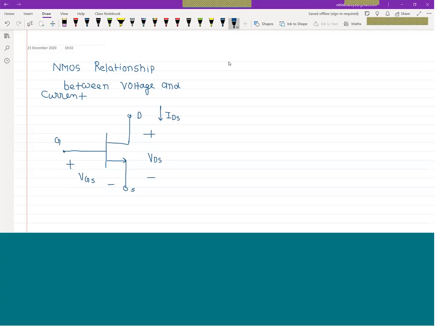So the first mode is known as cutoff mode. Whenever VGS is less than VTH, the manufacturer will tell you the value of VTH. Whenever VGS is less than VTH, this mode of operation is known as cutoff.